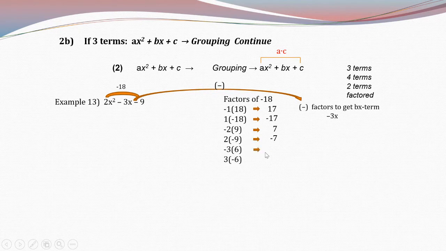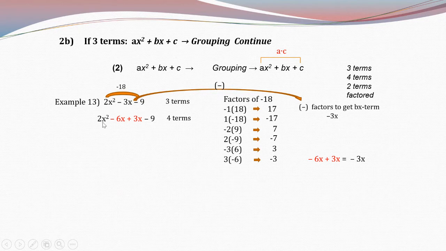This will give us 3 and negative 3. So where's my match? Because this is negative 3, this is my match here. So negative 6x plus 3x gives me my negative 3x. So I'm going to replace the negative 3x with negative 6x plus 3x.